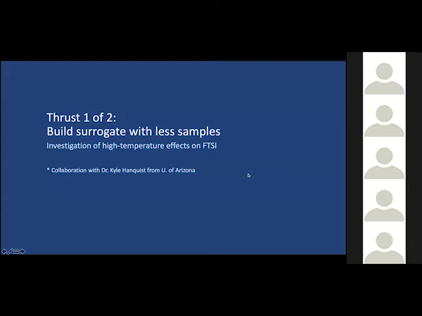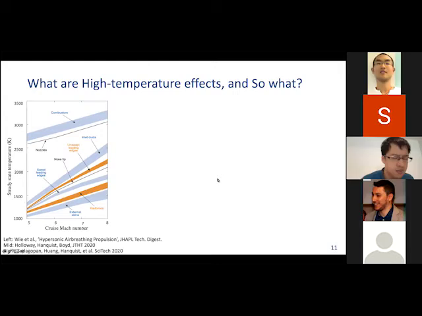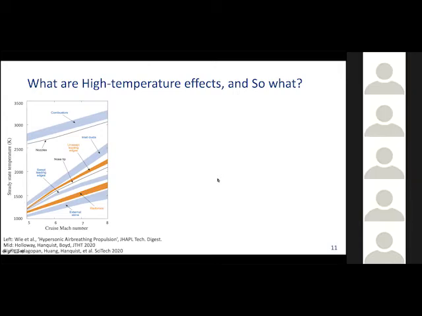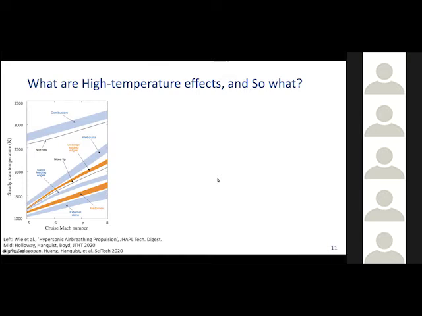This study is mainly driven by our need to study high temperature effects on the FTSI response. First of all, let me explain a little bit what high temperature effects are, and why we care about them. As the name implies, when the gas is at high temperature, the molecules in the gas might start to dissociate, or even have chemical reactions with each other.